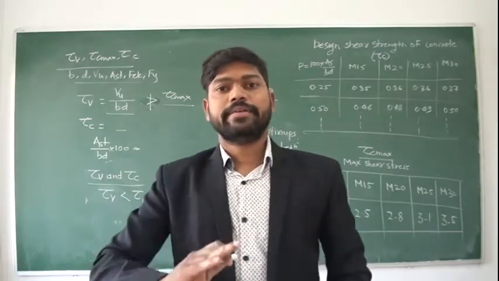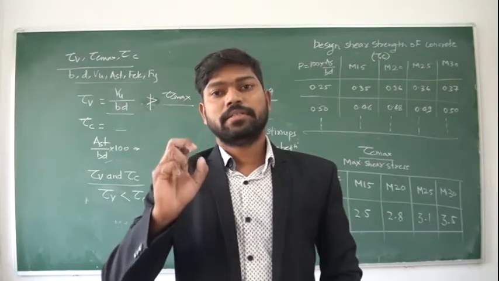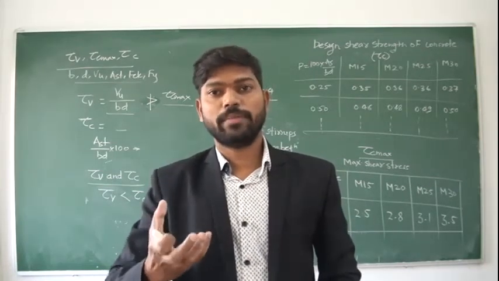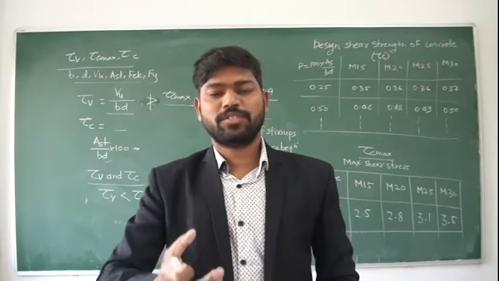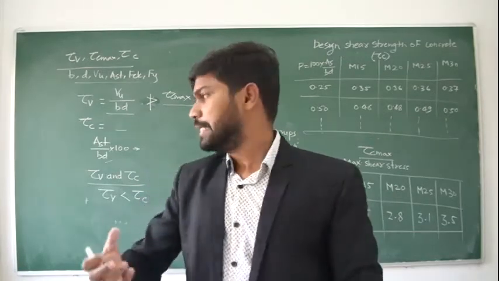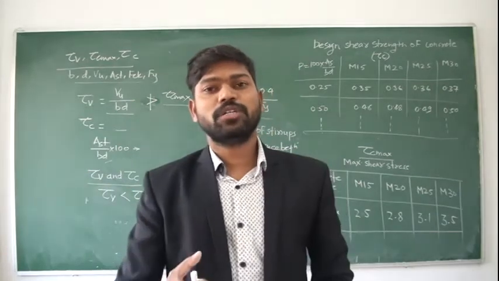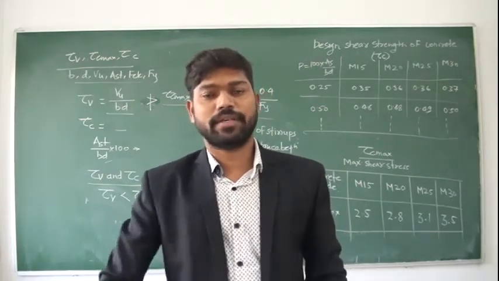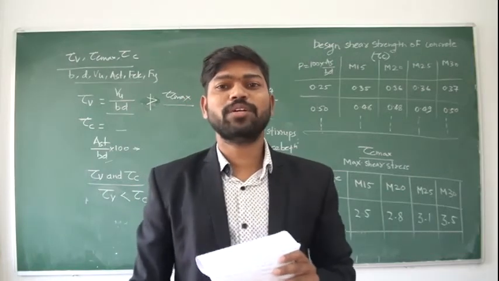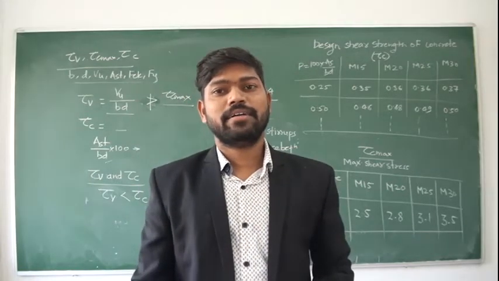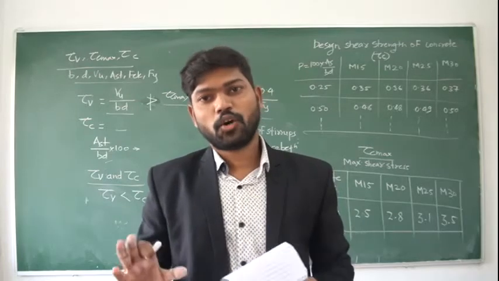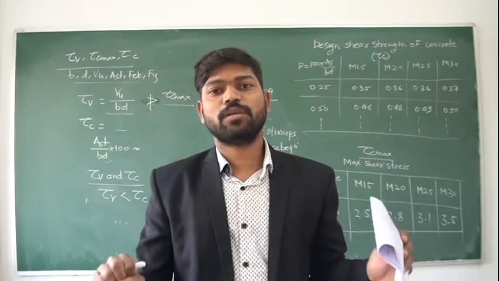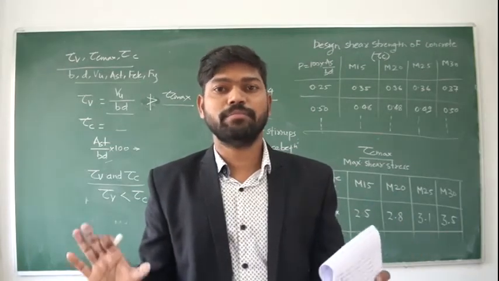Tau v is less than tau c means the nominal shear stress existing in the beam is less than the shear stress taken by the concrete. Tau c means shear taken by the concrete. It means there is no need to provide a design shear reinforcement. Concrete itself is capable of carrying the shear force or shear stress in the beam.